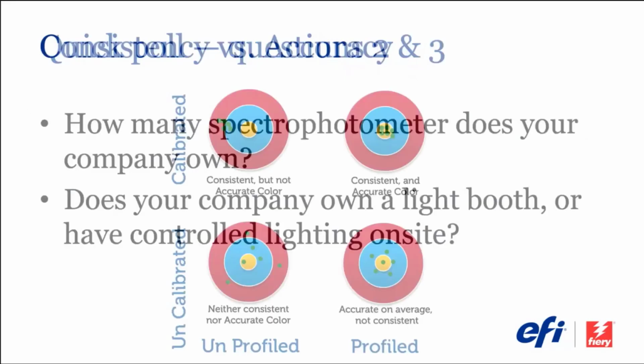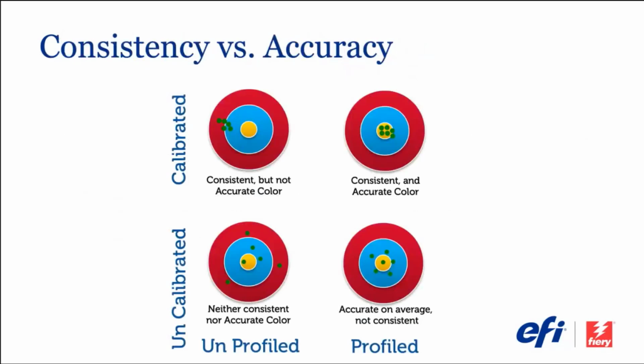Let's move on now and talk a little bit about consistency versus accuracy. Terms are kind of mixed up a little bit. If you look in the upper left-hand corner, there we've got consistent. All the dots are close together, but they're not accurate. We want that bullseye. The bottom is the worst. Boy, there we've got colors all over the place.